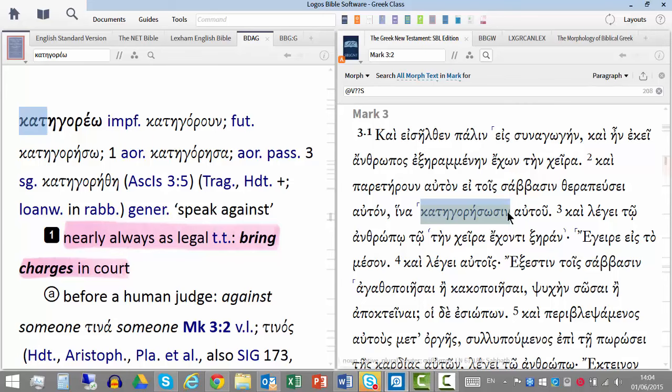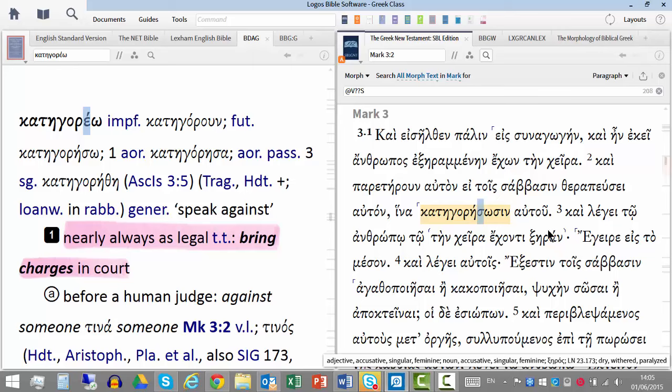Okay, so let's go and have a look at it. You know it's an epsilon compound, so this eta is simply the lengthened stem vowel from the epsilon contract. We've then added sigma. Now, what is sigma? Well, sigma is the tense formative either for a future tense, a future indicative, or for an aorist active or middle subjunctive.